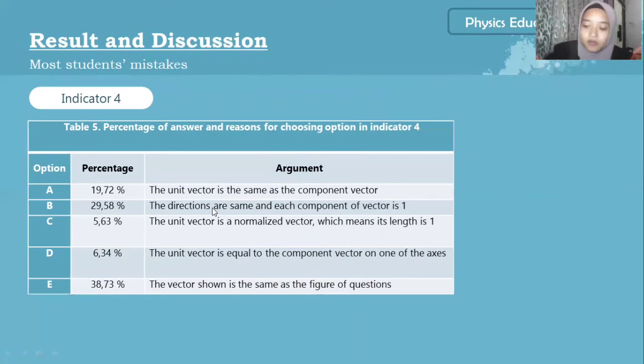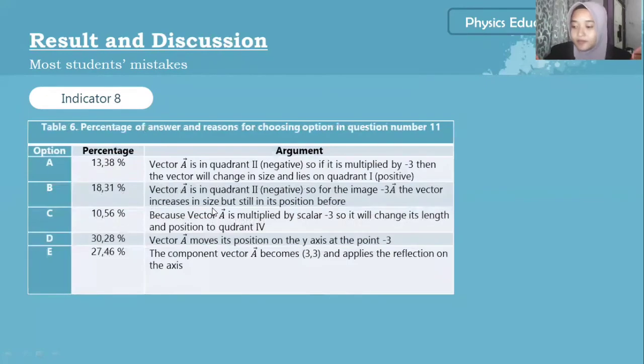And next, we discuss indicator 8. This indicator is about the graphic representation of a vector multiplied by a negative scalar. Students are asked to multiply a negative scalar by a vector, where the distribution of student data who answered the question is presented in table 6.